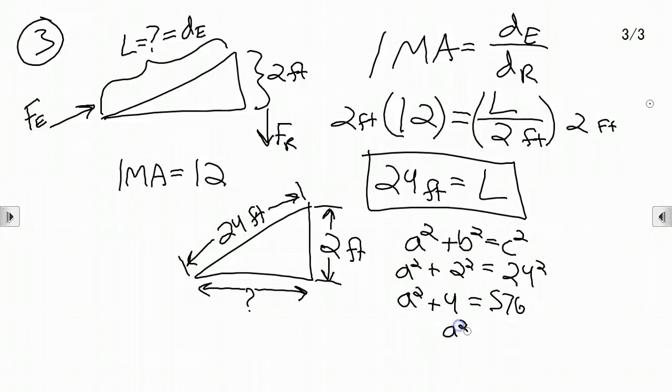So a squared, if I subtract 4 from both sides, is 572. Square root of 572 is, where's my square root button? About 23.9.